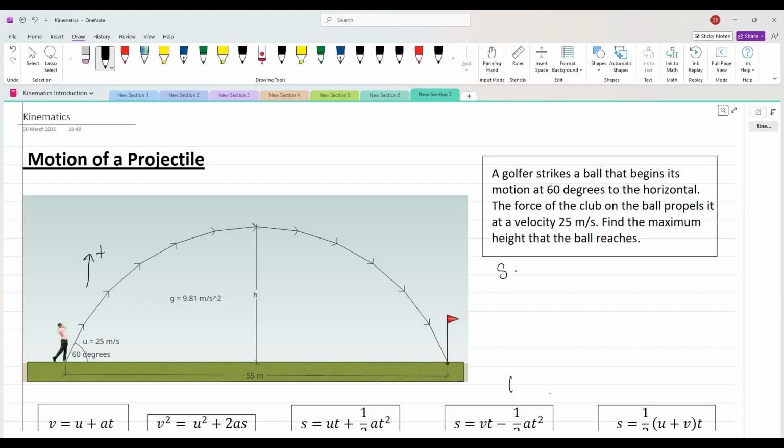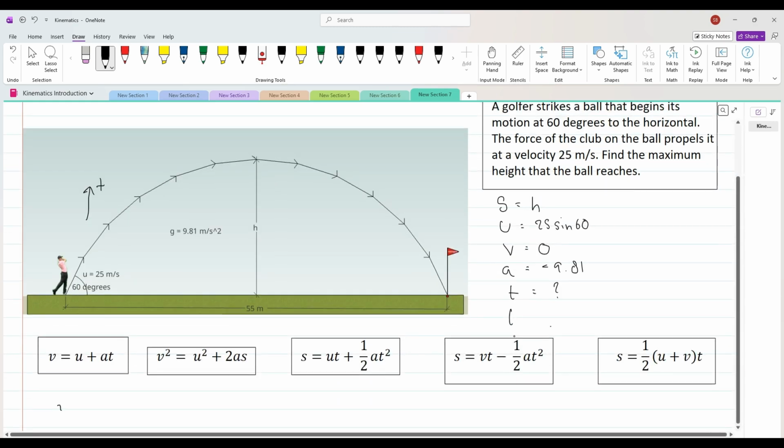So we have s equals h, because h is the distance to the top. u equals 25 sine 60, because if you see in the diagram, the ball's hit at 25 meters per second and we need the vertical component for our calculation. v equals 0, because the ball at the top rests instantaneously and so comes to 0. a equals the acceleration due to gravity, which is minus 9.81, and t, we don't need t, so we just leave that as a question mark.